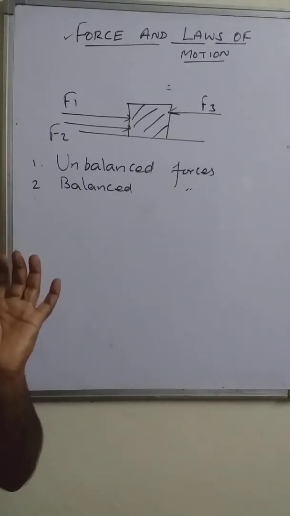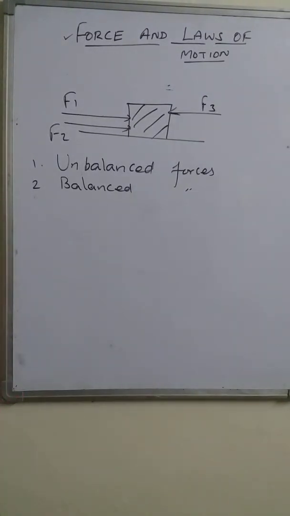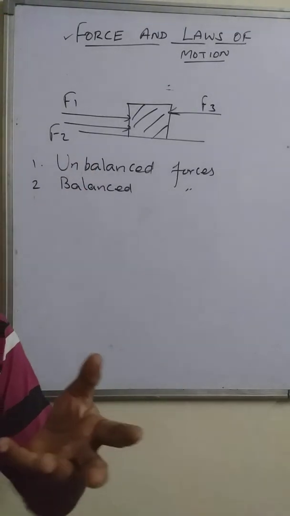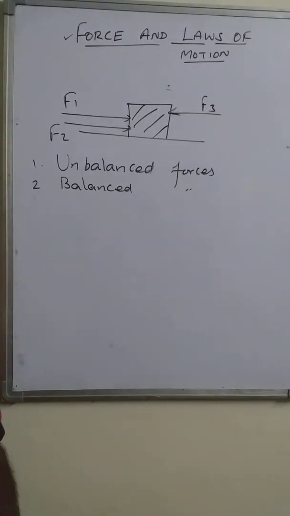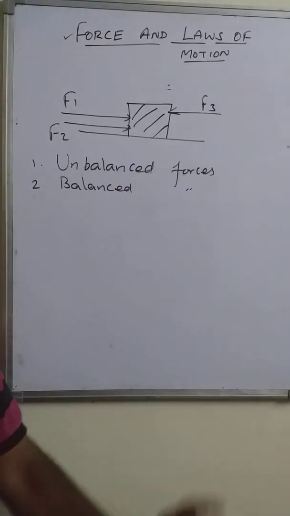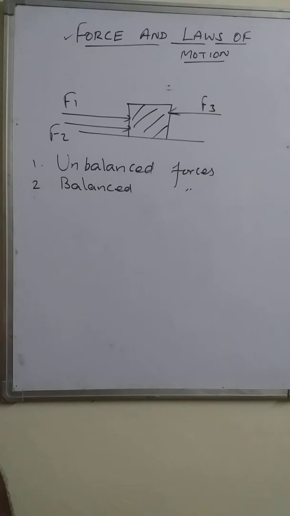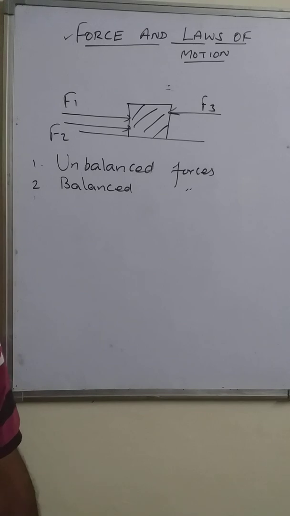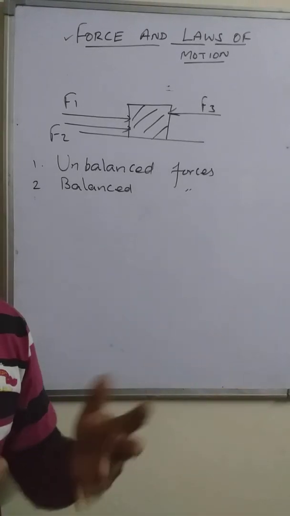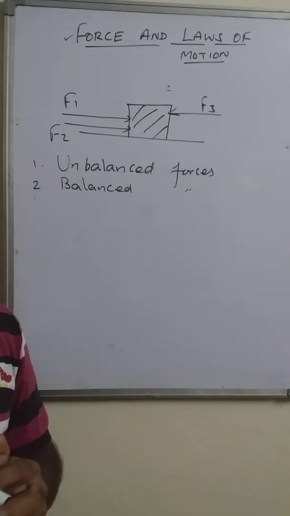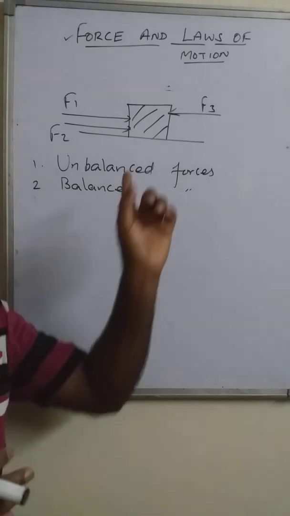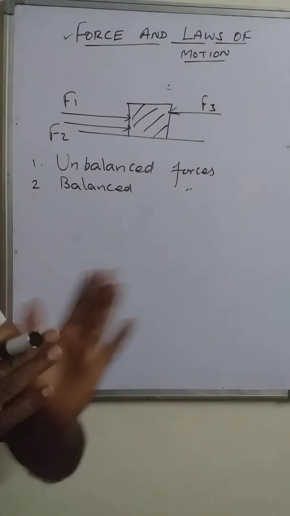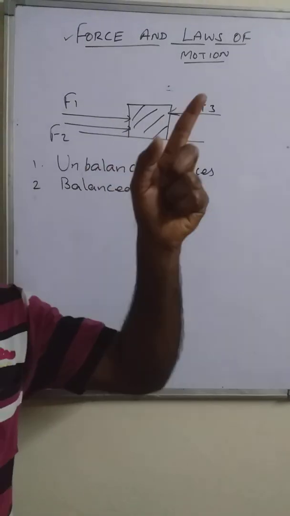Unbalanced forces and balanced forces. From the word itself, you can find what unbalanced and balanced forces actually are. Unbalanced forces: the number of forces acting on this object are not balancing each other. This F1, F2, F3, they are not balancing each other. That's why we say unbalanced forces.